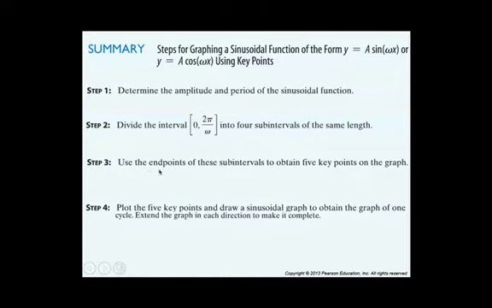Now these endpoints are the standard points that we use when we first start out. That means being 0, 0 if it's a sine, or 0, 1.